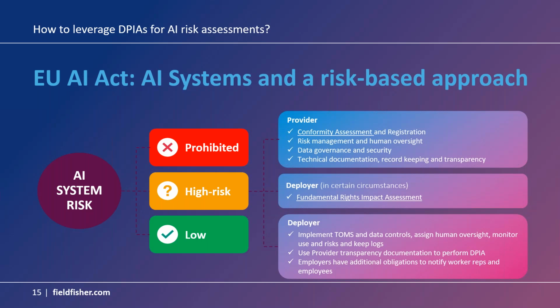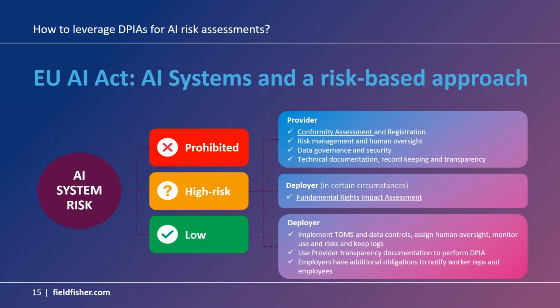Let's move on now to high risk, because this is an important area because it carries a lot of requirements. So high-risk AI systems are systems that cause significant risk to natural persons. This can be classified in 3 main buckets.